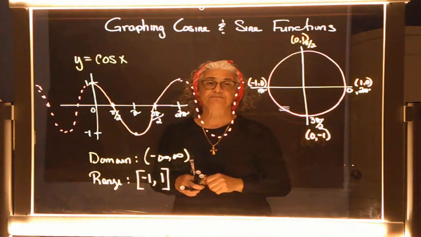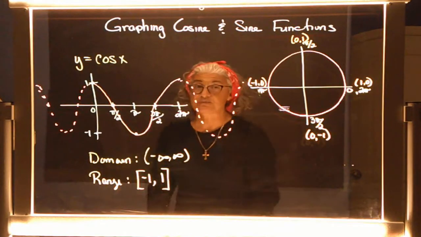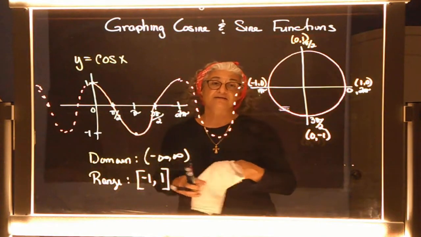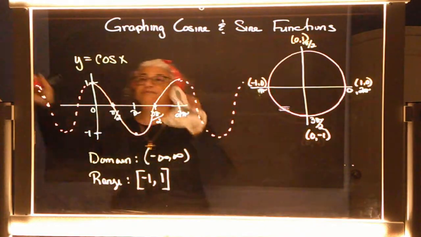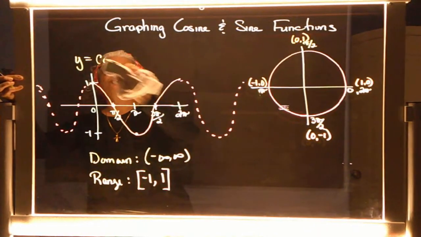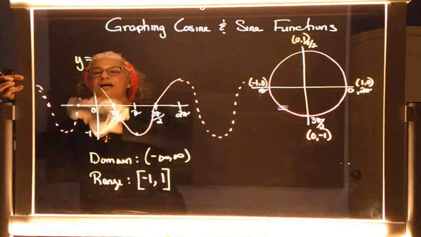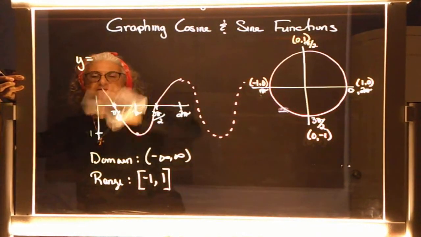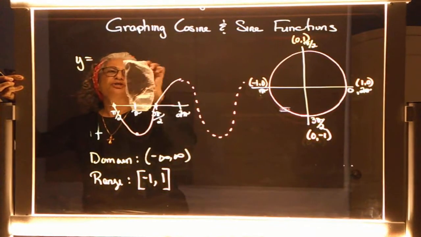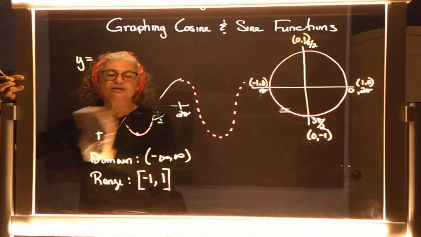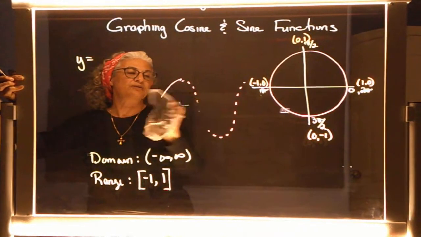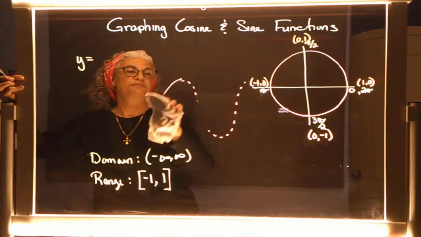Cool? Okay, now let's switch gears. Now that we have cosine graphed, let's look at the sine graph. So you give me a few moments to erase and we'll be good. Does this make sense? Okay, to do these trig function graphs, you will always be using this unit circle.